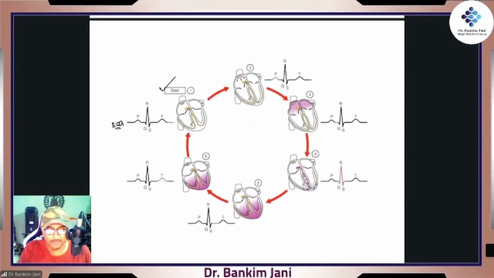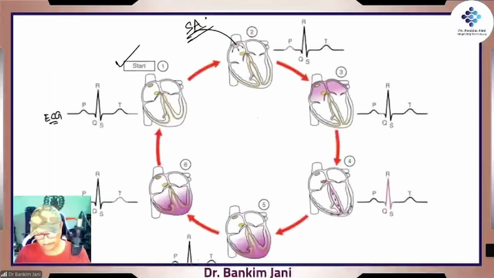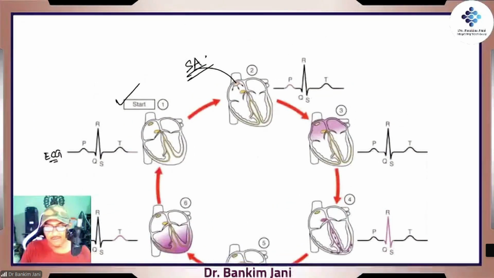Here the impulse is generated, and here is our SA node. The SA node has fired the signal. You can see these things by arrows. It has fired the signal, so that's why this is the P wave.